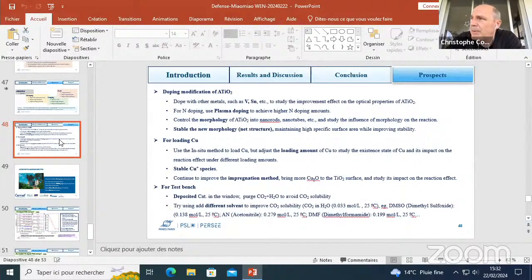The photocatalytic part is not so easy. We will talk about it after, because carbon dioxide reduction is not the best-known photoactivity, but I think it is really the important part now in photocatalysis.